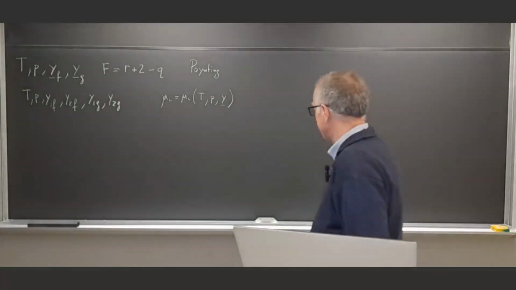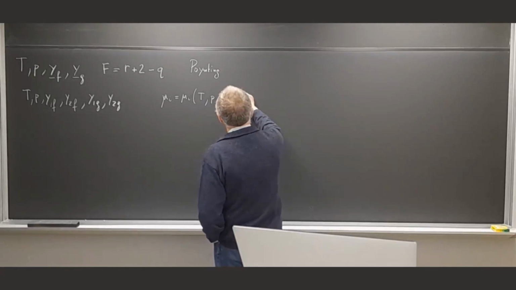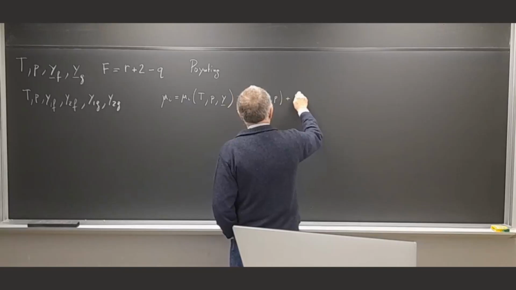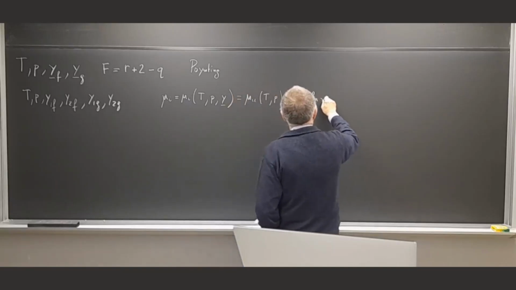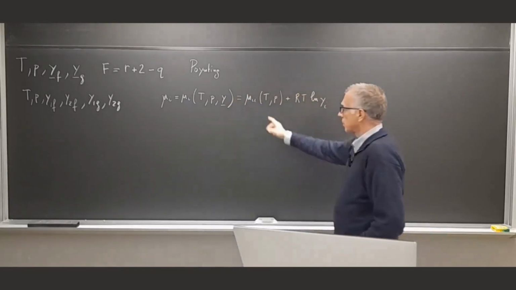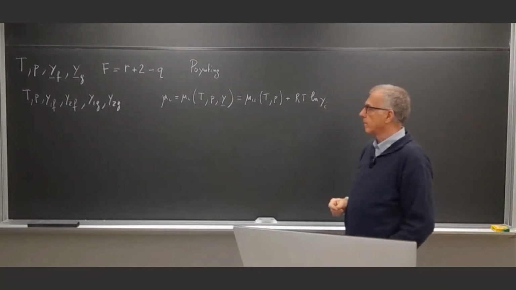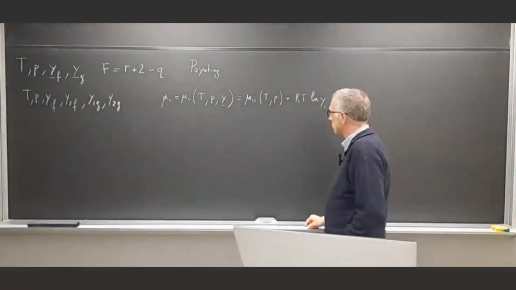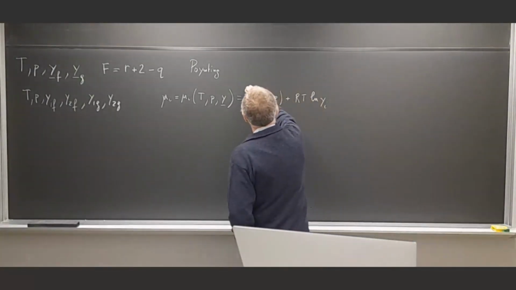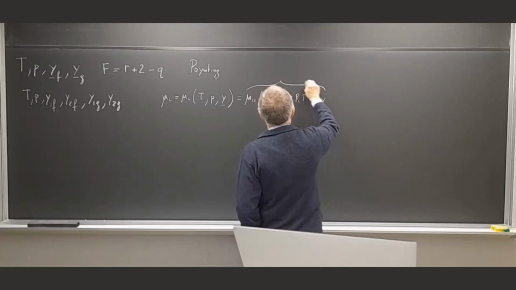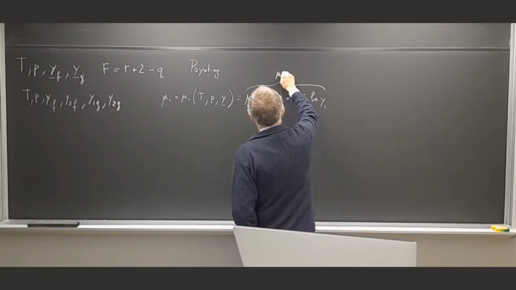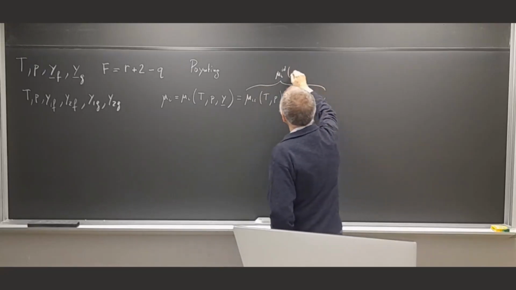For example, as you know, we have decided to call this functional relation the ideal. And in fact, we're going to call this mu i ideal of T, P, and y.